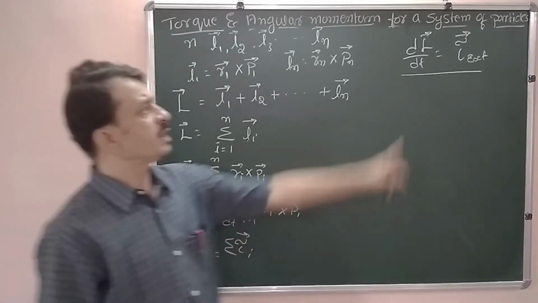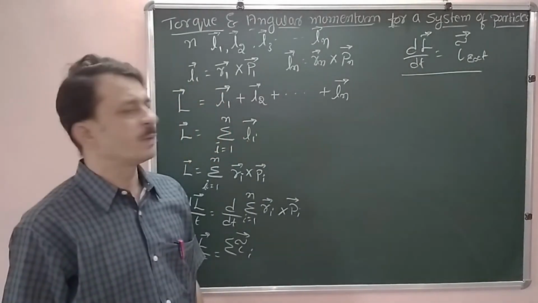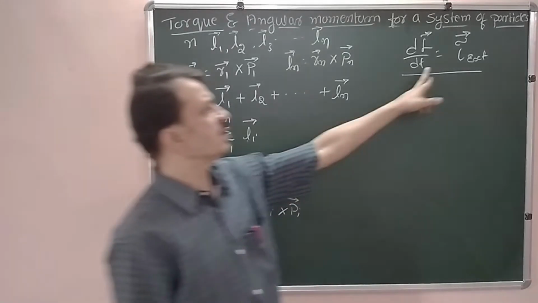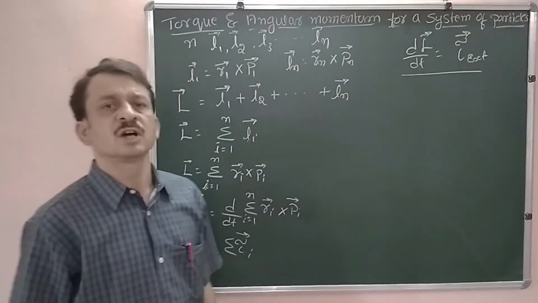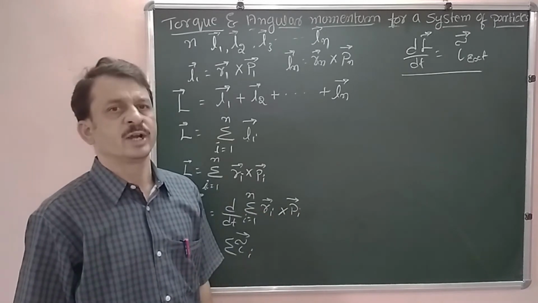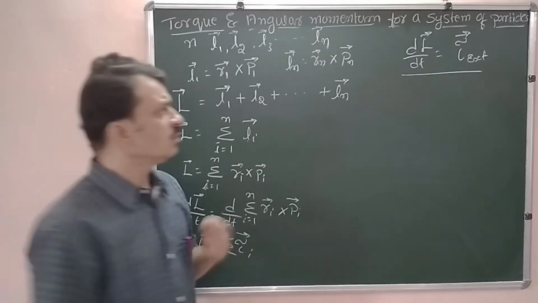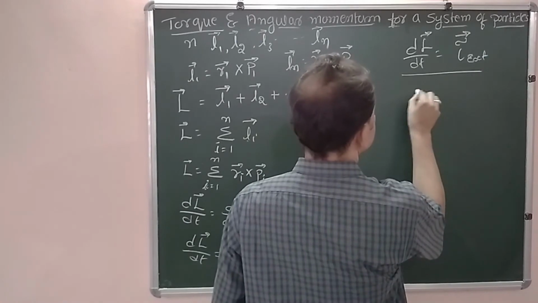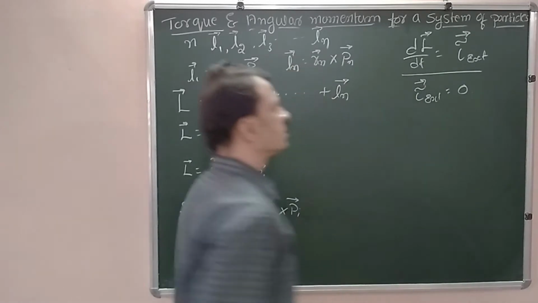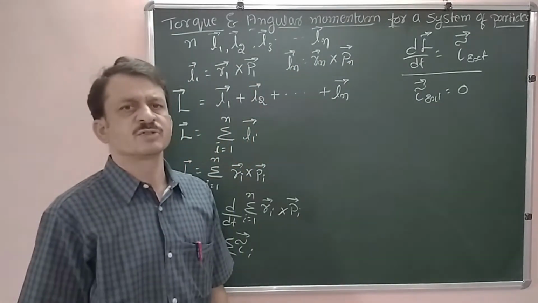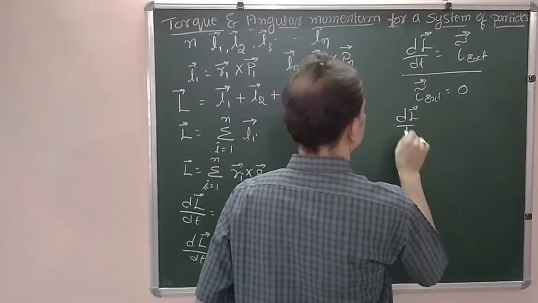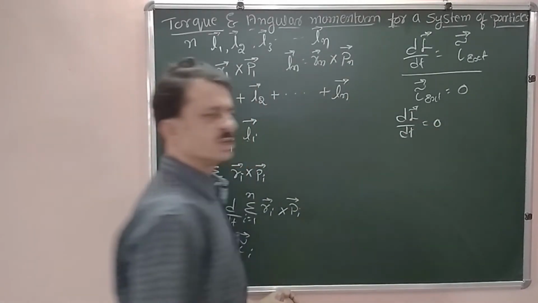Therefore, the time rate of change of total angular momentum of a system of particles taken at a point is equal to the total external torque acting on the system taken at the same point. Now, if the external torques were 0, what do we get? If the vector sum of all the torques acting on the system of particles is 0, then dL by dt is equal to 0.